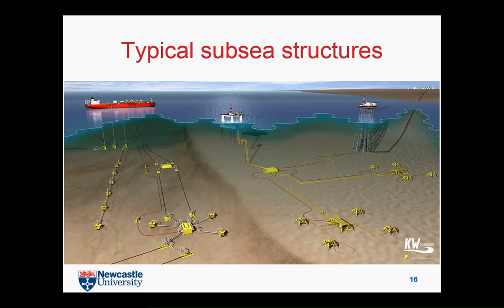But in all the projects, they have facilities like in this picture, because they have some valves, they have a manifold, and maybe they have some plants to provide you power, to provide you the signal or do signal processing.